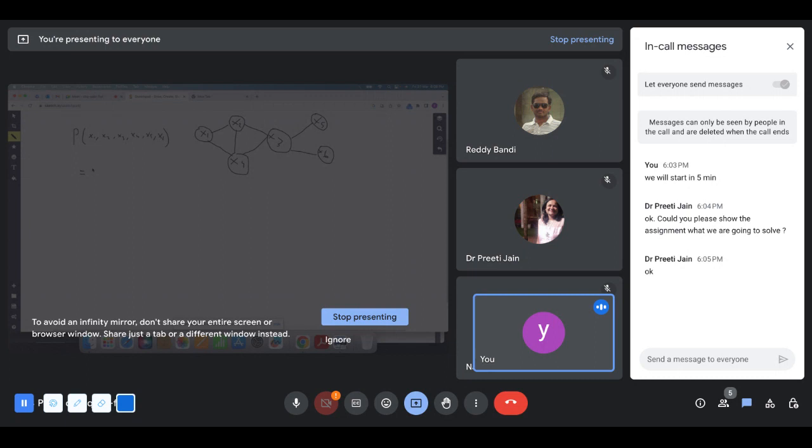So that is some function phi 1 of x1, x2, x4, and phi 2 times x2, x3, x4, and phi 3 times x3, x5, and phi 4 times x3, x6.